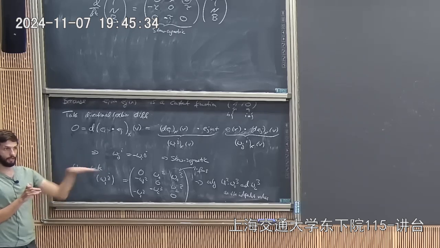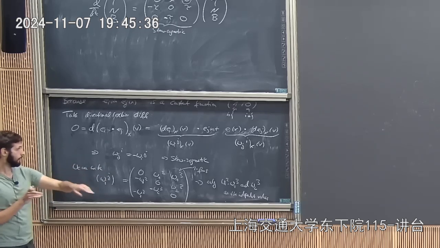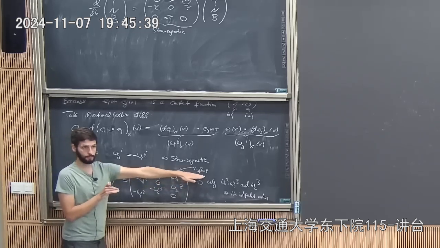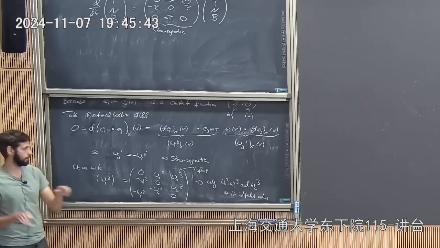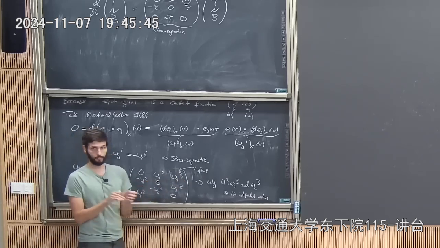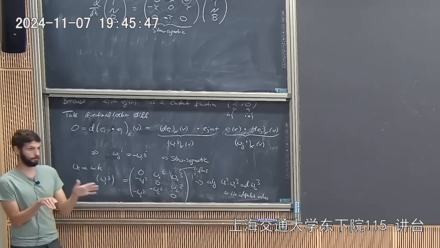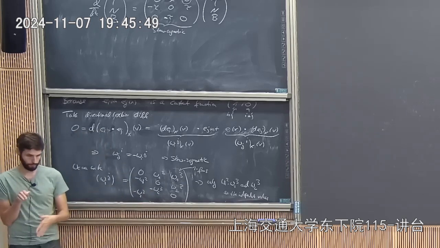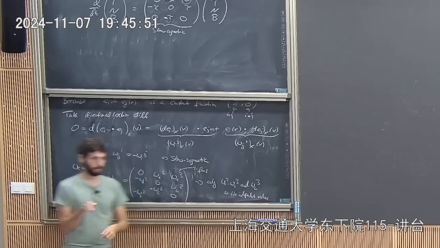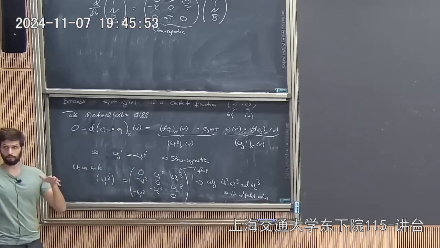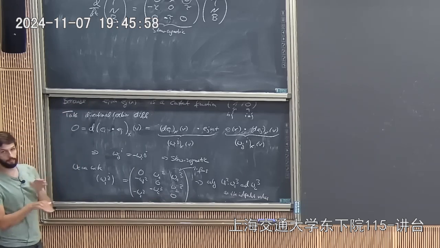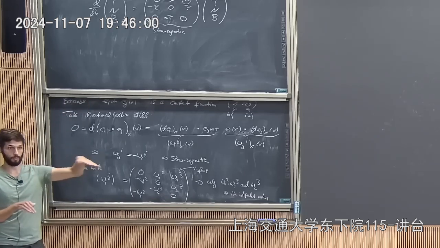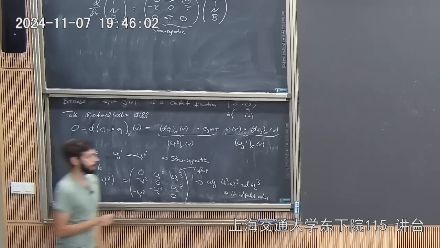So there's only one direction that I have to worry about. While here, these one forms record how the frame changes in all possible directions. So the argument v was the question, how does the frame change if I slightly change from here to here. So I have different possible directions in which I can move. While up there, we only have one direction where we can move, namely the tangent direction.